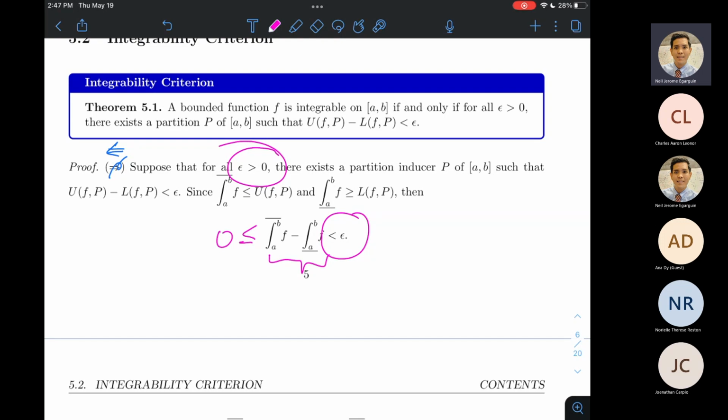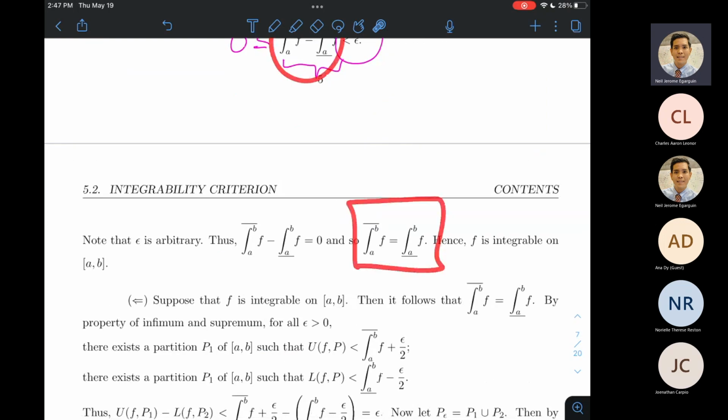That number is exactly equal to 0. And that's what we have over here. We have a non-negative number, which is smaller than any positive real number epsilon. So we don't have any choice but to say that this difference is equal to 0. When this is equal to 0, it means the upper and lower Riemann integrals are equal. Therefore, f is integrable on the closed interval [a,b]. The first part of the proof is done.